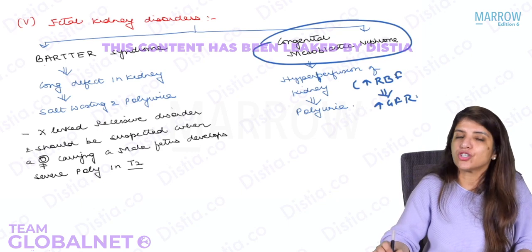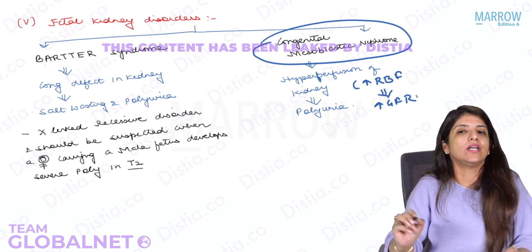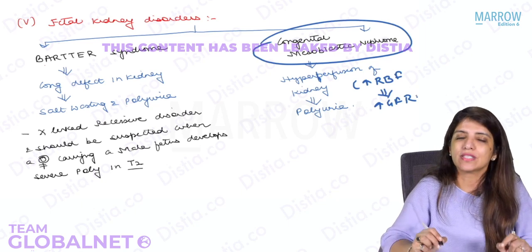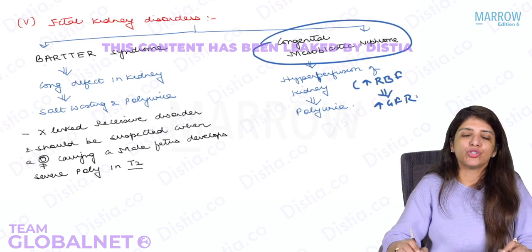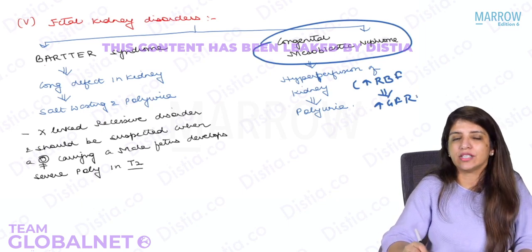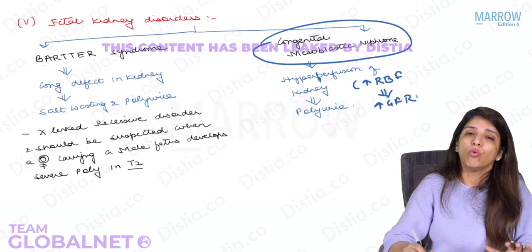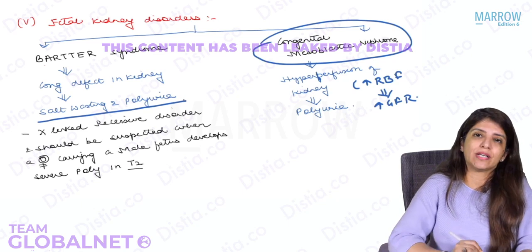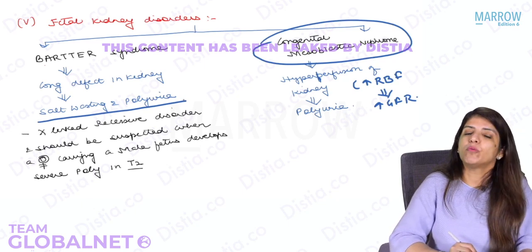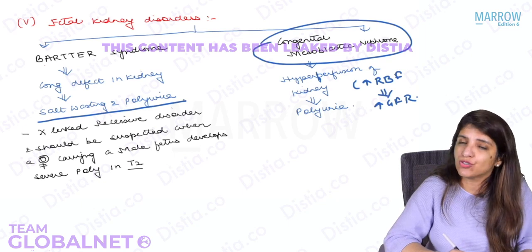The other condition which you have to remember is a very, very important syndrome which leads to polyhydramnios, and that is Bartter's syndrome. Now, Bartter's syndrome is a congenital defect in the kidney, which you have studied in your medicine lectures, where you see that there is polyuria and salt wasting. Right? One of the variants of Bartter's syndrome is an X-linked recessive disorder.